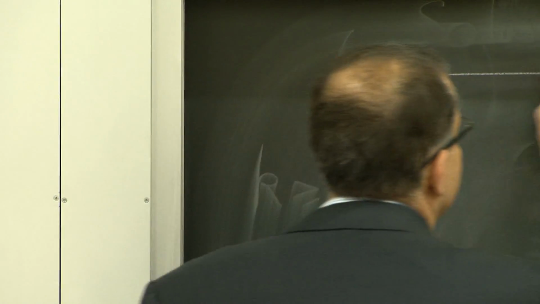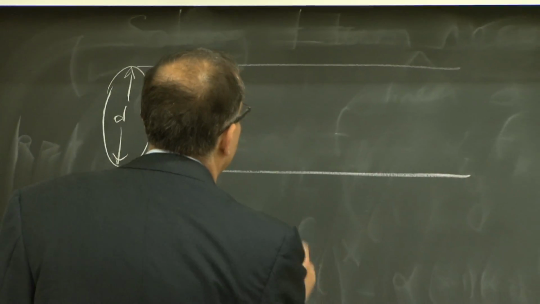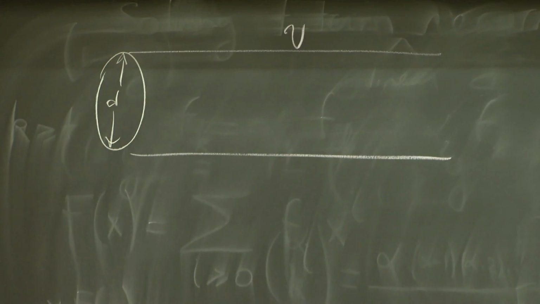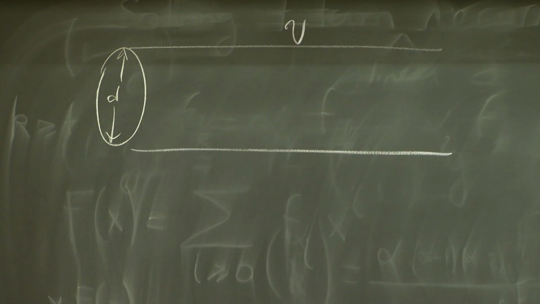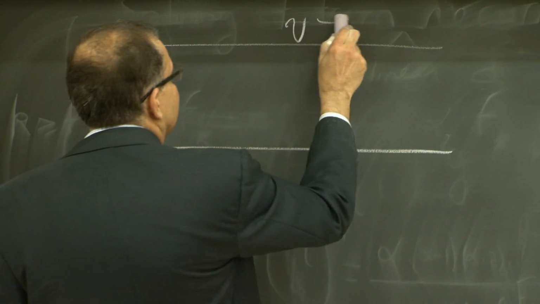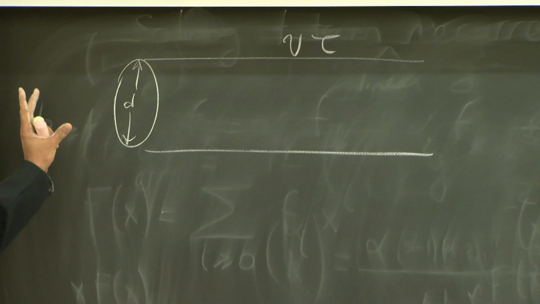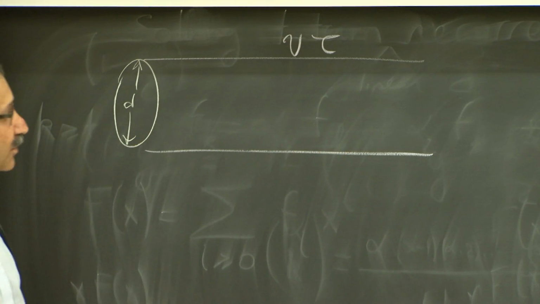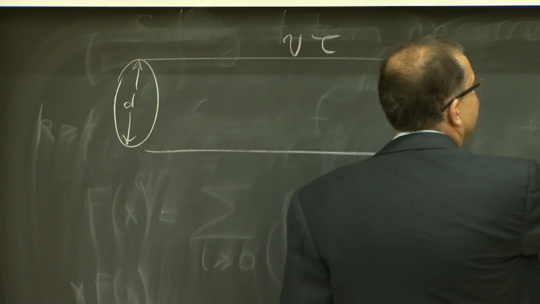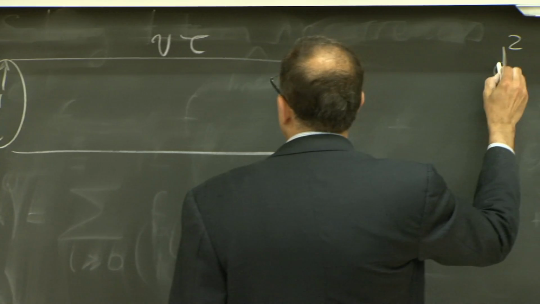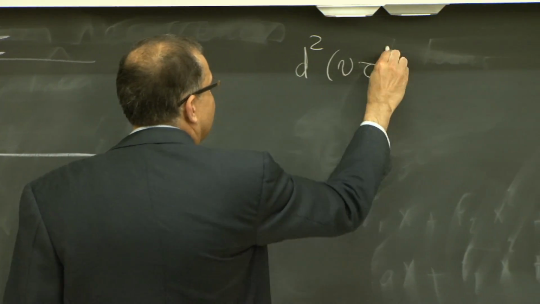It moves in space with velocity v, so that if I wait a time that I will call tau, within that time, I'm essentially sweeping a volume of space that has volume d squared v tau.